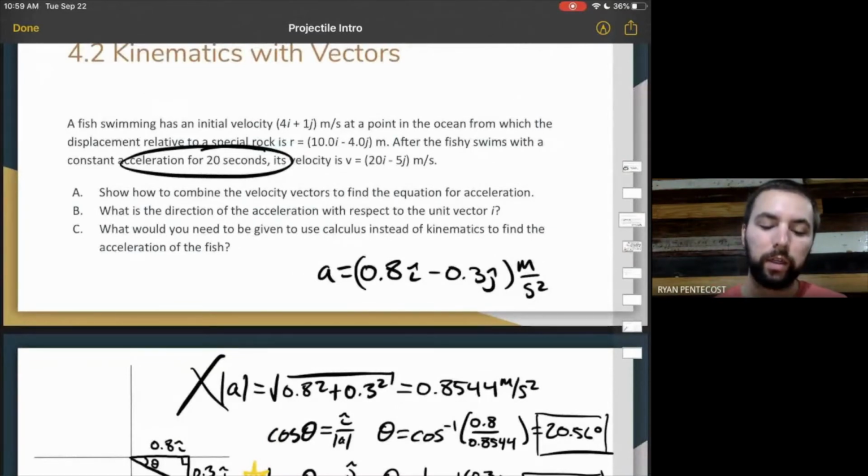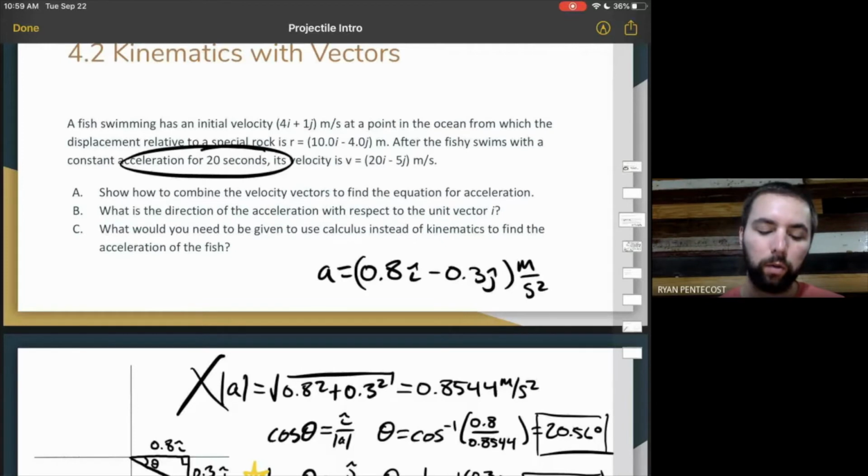Initial velocity is not changing at that time, so there's no t. It accelerates for 20 seconds, but then it stops accelerating, or we just have the instantaneous velocity. Either way, it's not shown that it's changing at the 20-second point. And then the displacement vector that we didn't even use also is just shown that you are this far from this rock at this time. It doesn't show that you're changing.